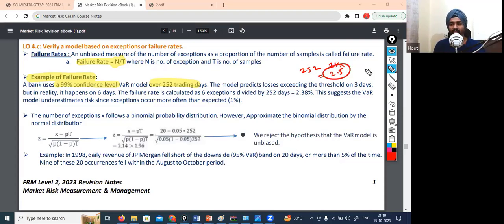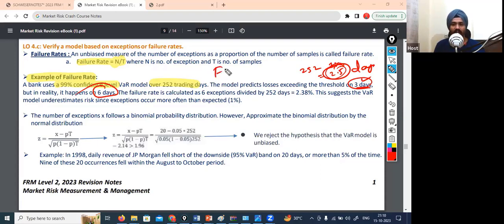So 2.5 days, or approximately 3 days, it can go up. And if it goes up, I told you already it's going to go up, right? So 2.5 or 3 days was pretty much an acceptable level of exceedance. But it happened on 6 days. 6 times it happened rather than 3 times.